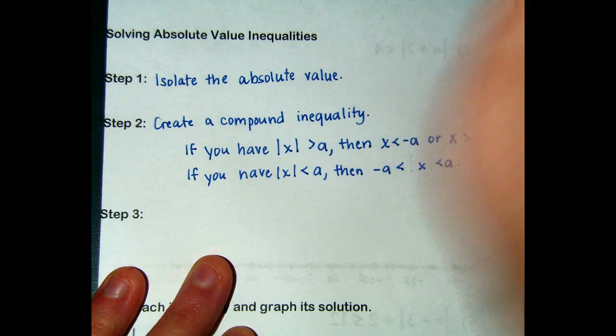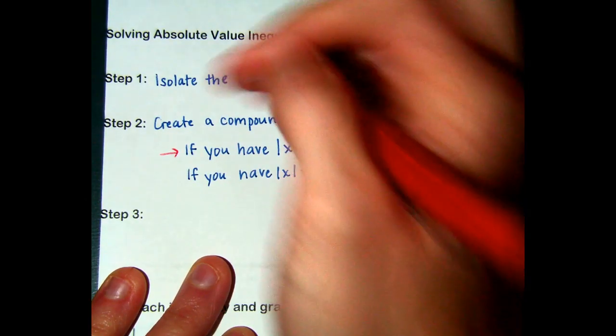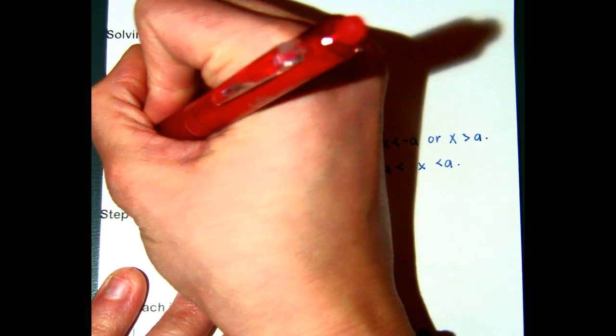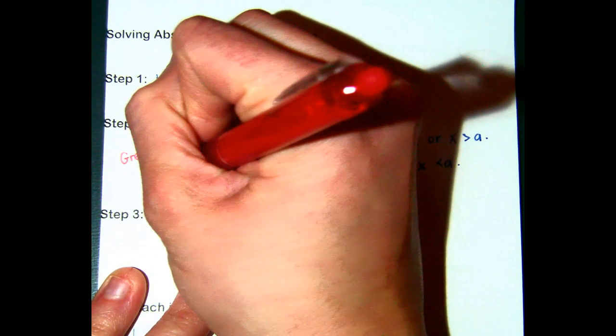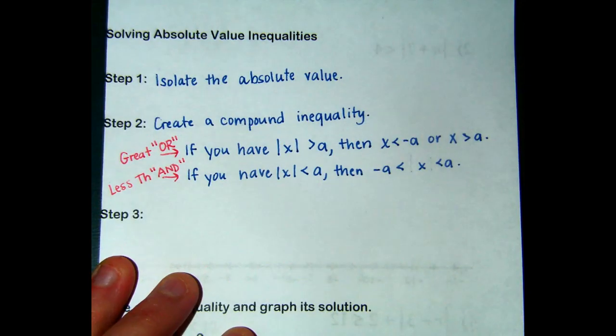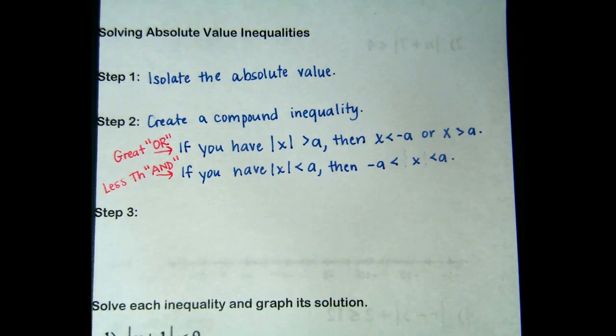One way that I remember this: if you have greater, you're going to use or. If you have less than, you are going to use and. That's a good way to memorize which one you need to use.